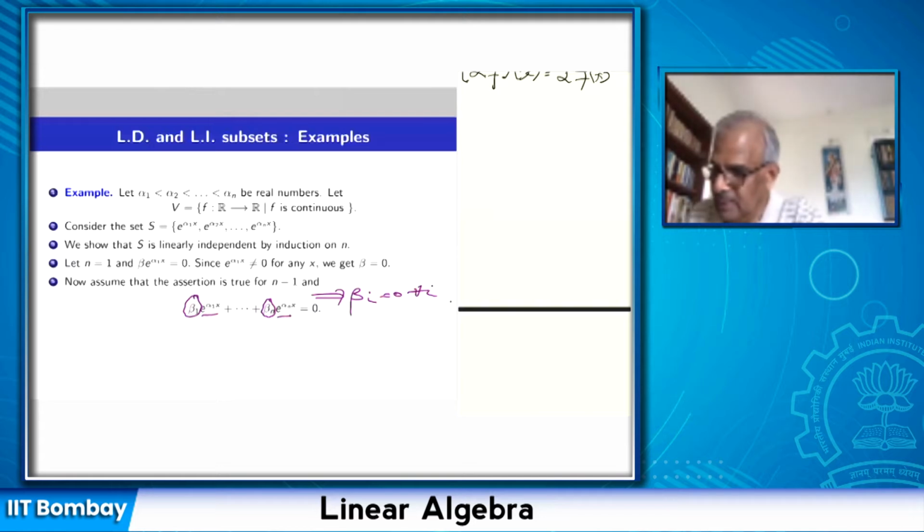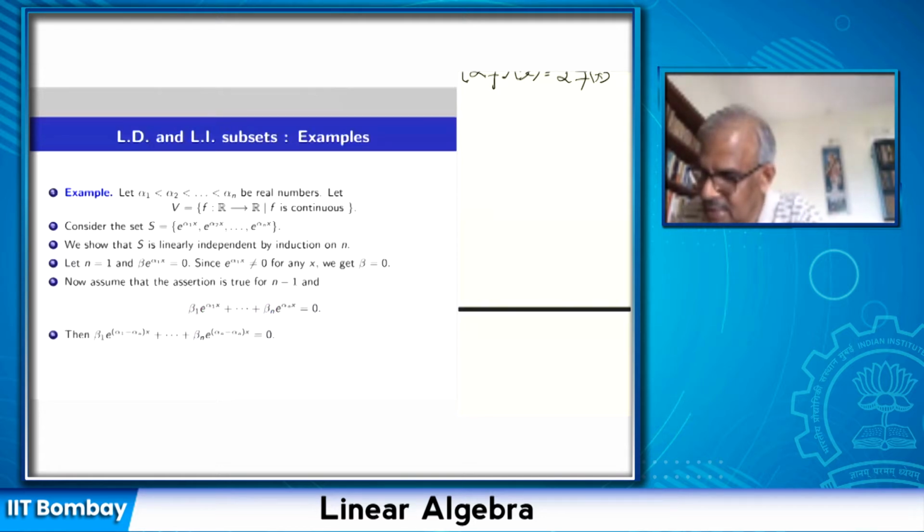Now use this fact that alpha n is bigger than alpha 1, alpha 2, up to alpha n minus 1. I can multiply this equation by e to the power minus alpha nx. This is also a function.